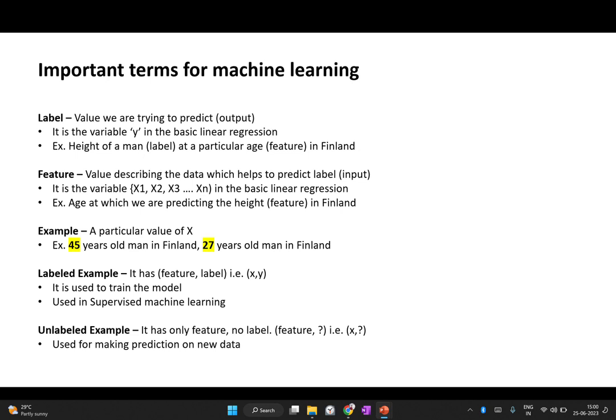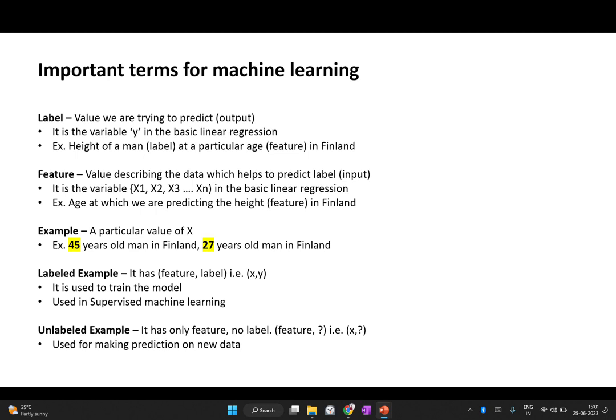Labeled example. It has both the feature and label available, like X comma Y, and it is particularly used to train the model. It is used in supervised machine learning, especially because it's a labeled example where you would have both the label as well as the feature available. So let's say we have at least 100k labeled examples to give the height for a corresponding age of men in Finland.